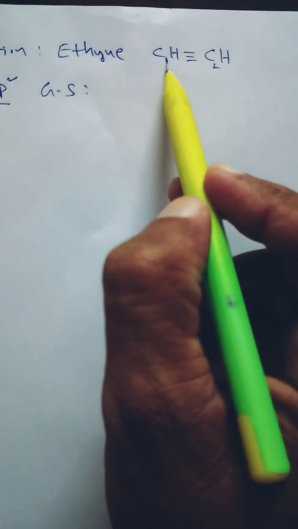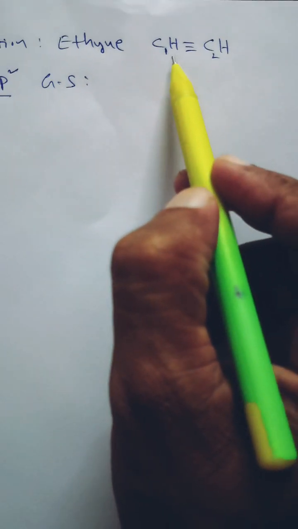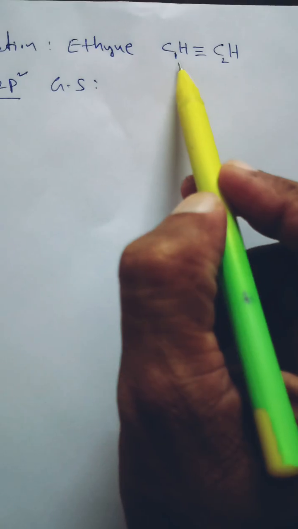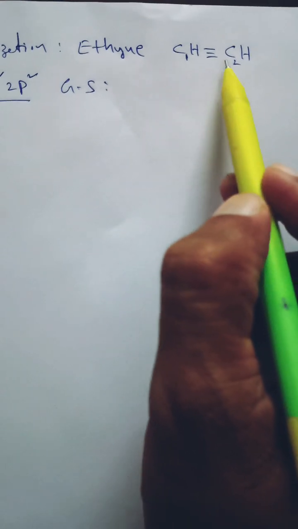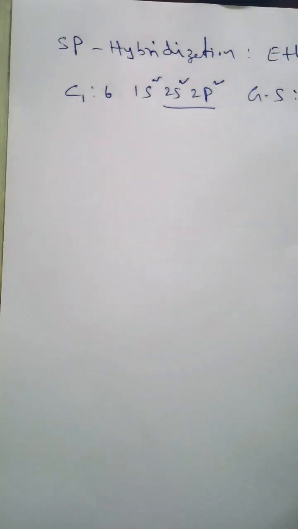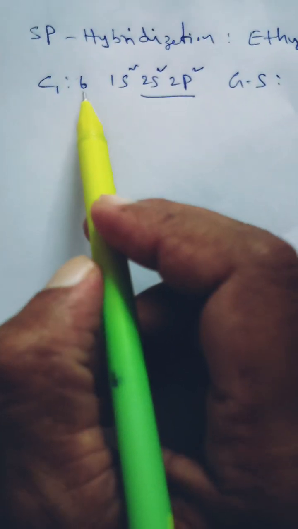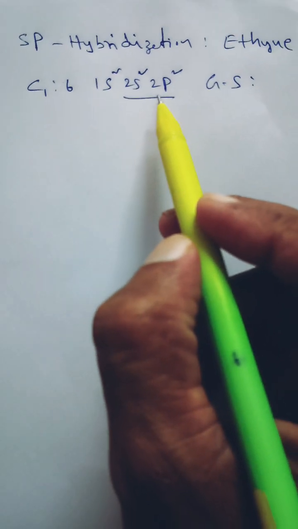Here I wrote C1 and C2 because actually both the carbons are the same in all respects, but for discussion purposes I wrote C1 and C2. If we take C1, its atomic number is 6 and electron configuration is 1s2, 2s2, 2p2.